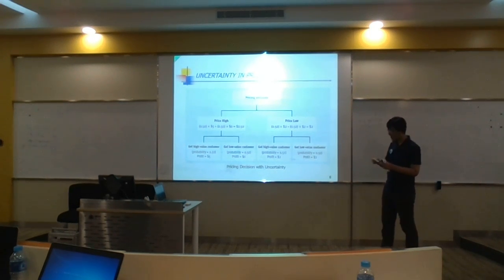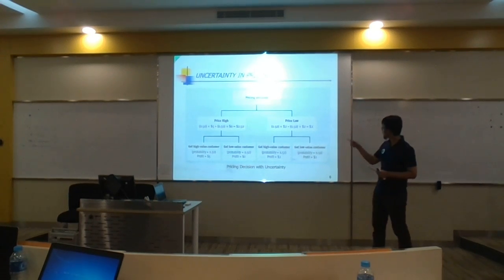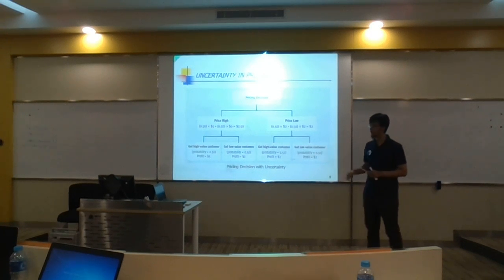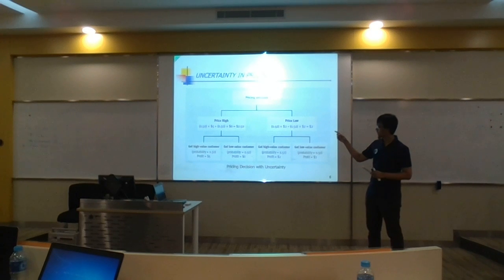From this decision tree, we can see at the high price, if we sell it at $8 and the product cost is 3, the profit is 5, and the probability to get the high value customer is 50%. We calculate it: 50% goes to $5 profit, and 50% we are not getting any profit from the low value customer. And we get 2.5.